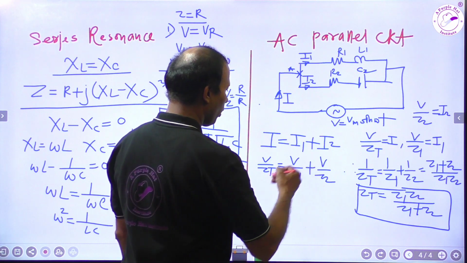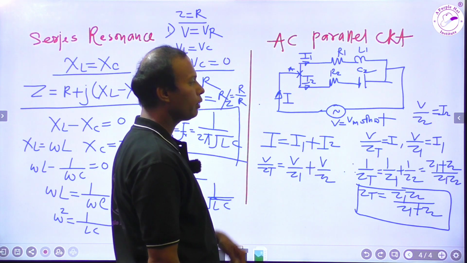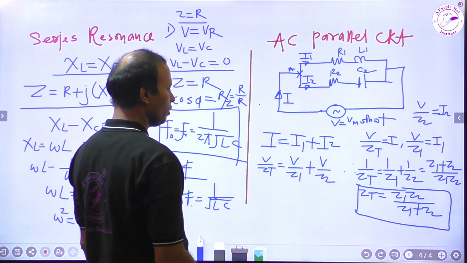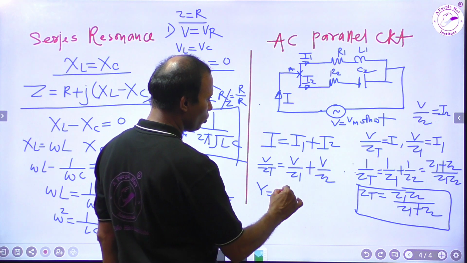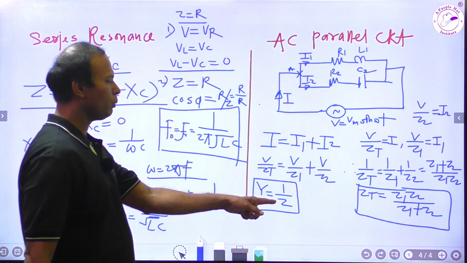Now I want admittance. A parallel circuit has a component like impedance; admittance is the parameter considered in an AC parallel circuit. I will consider admittance Y = 1/Z. Admittance is defined as the reciprocal of impedance.